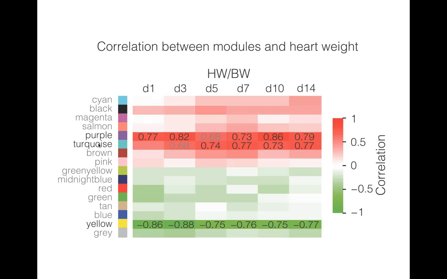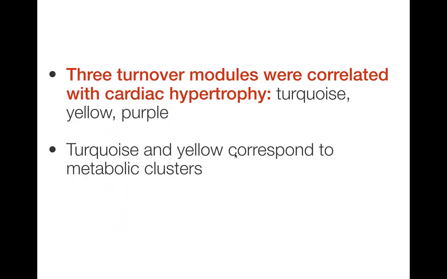And we see there are 3 clusters that seem to be clearly correlated with the heart size or degree of hypertrophy after the drug treatment. So we were interested in knowing what they were. These clusters were named turquoise, yellow, and purple.